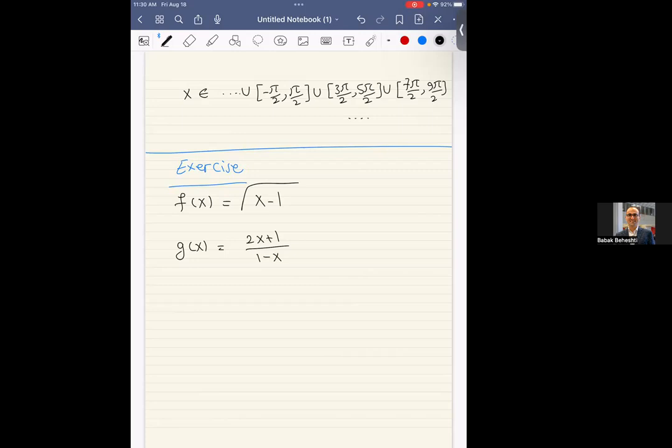So can you compute here the domain of FOG? What is the domain of FOG?